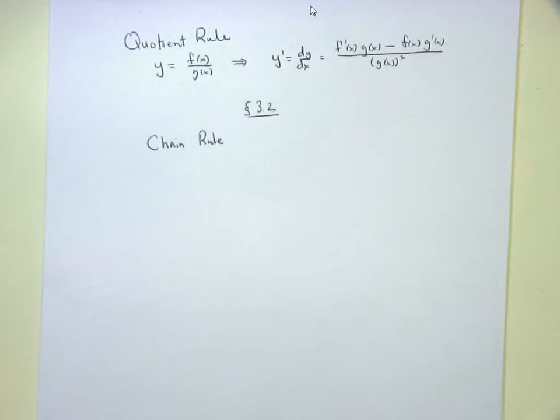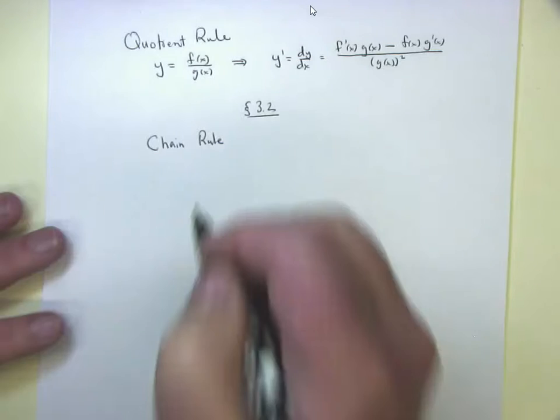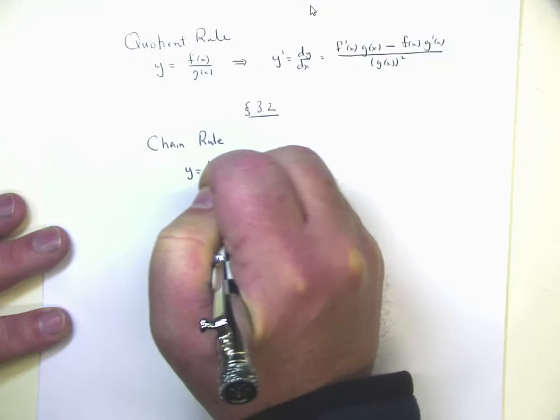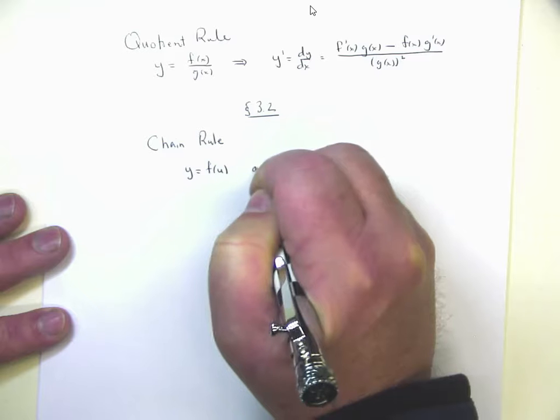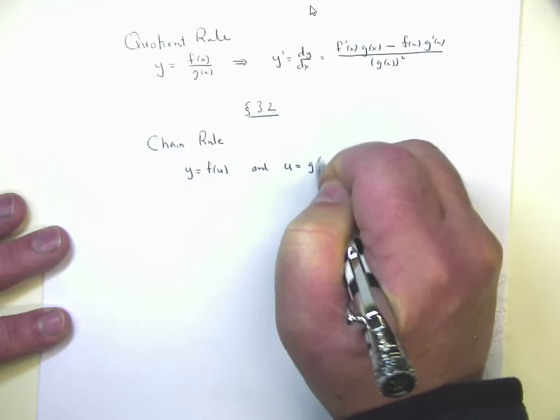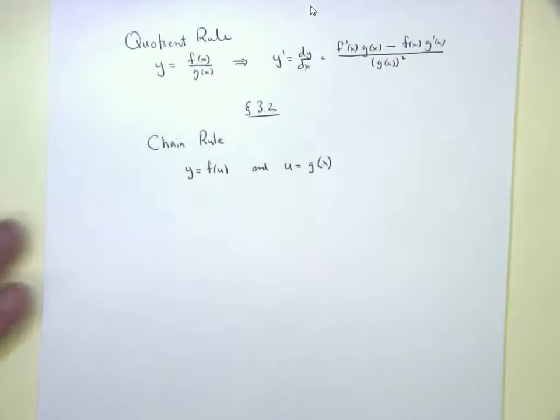There's a lot of different ways to look at this particular chain rule, and the first way they look at it is this. You've got y equals some function in terms of u, and you have u is equal to some function in terms of x, let's say.